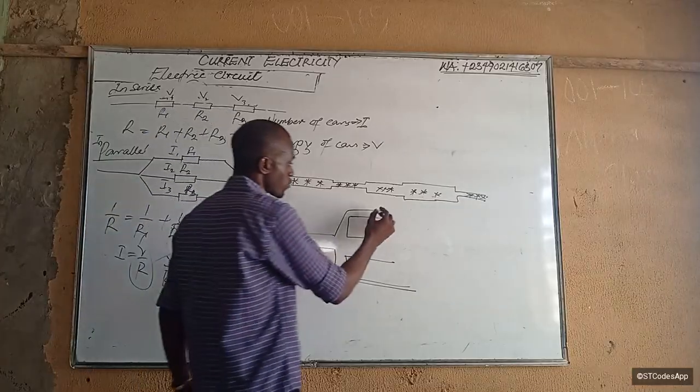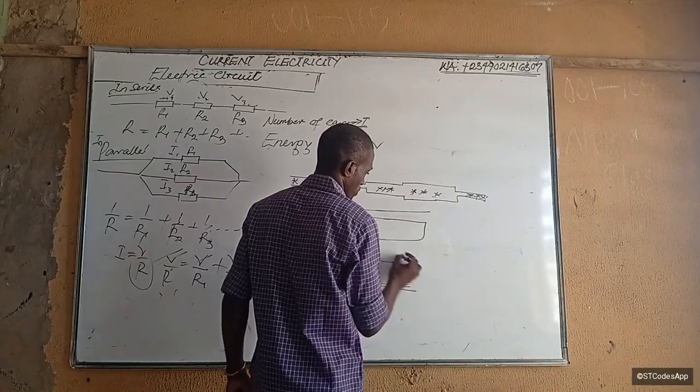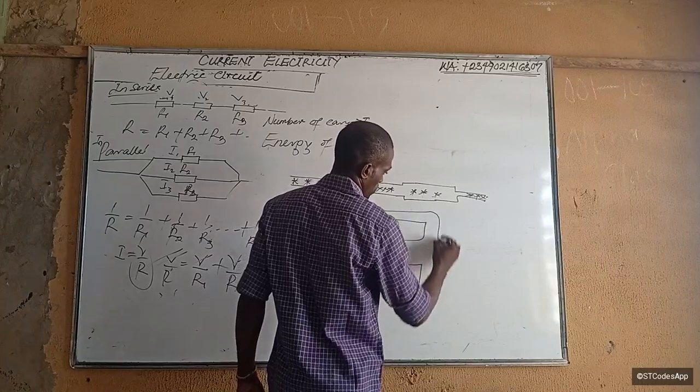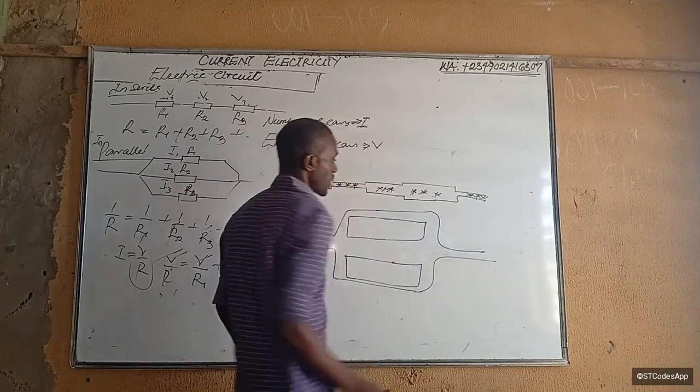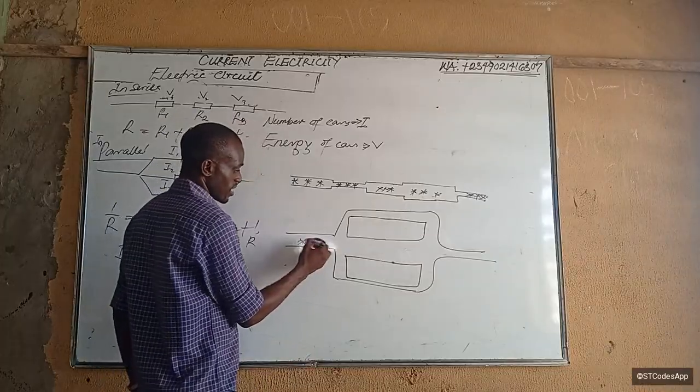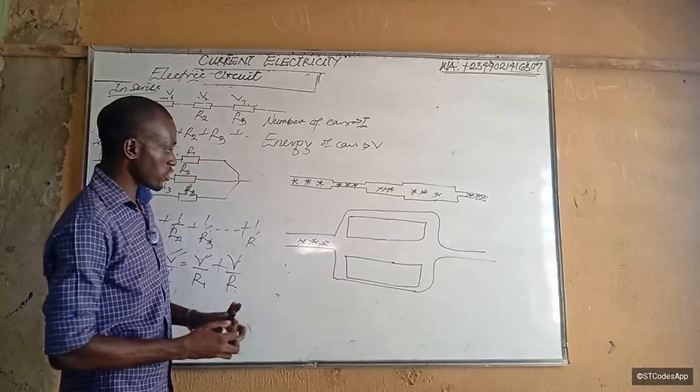You can see these 3 roads. They all end up here, but there are 3 cars. They are following each other.